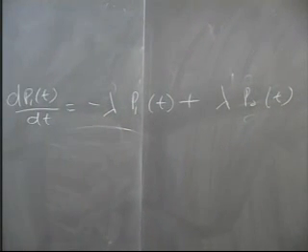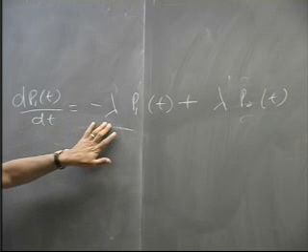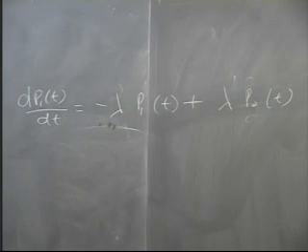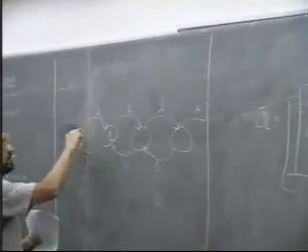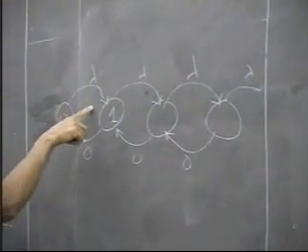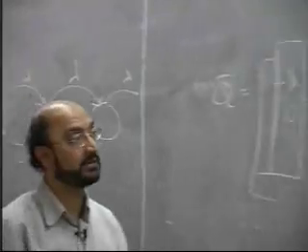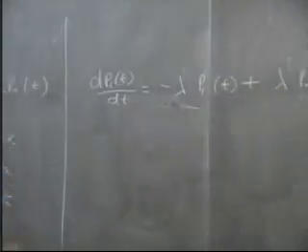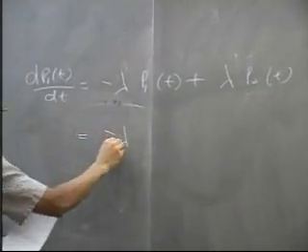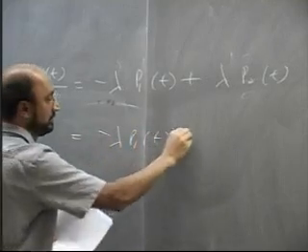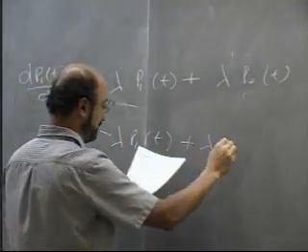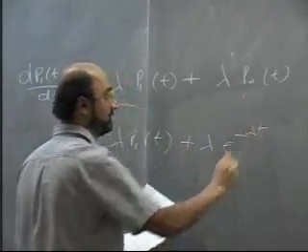So why is this? Well, I'm leaving state 1 with rate minus lambda, and I'm coming in from p0 with rate lambda. So I just get this equation by inspection, and then I can set this to be minus lambda p1(t) plus lambda e to the minus lambda t.